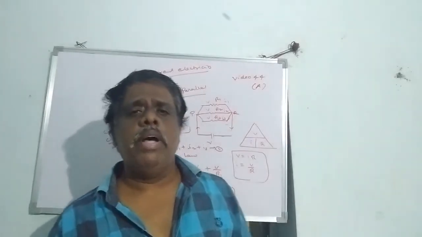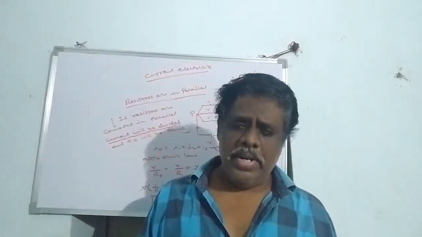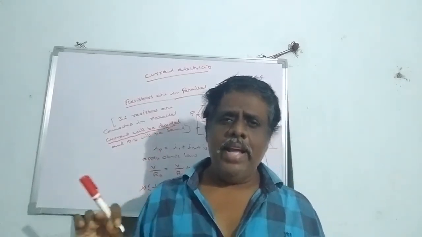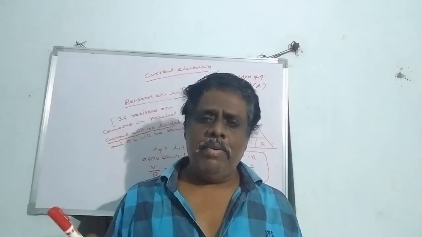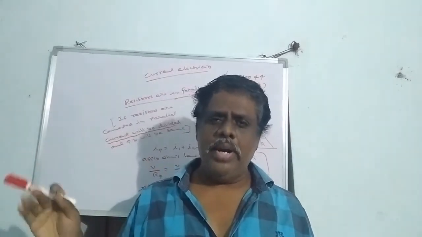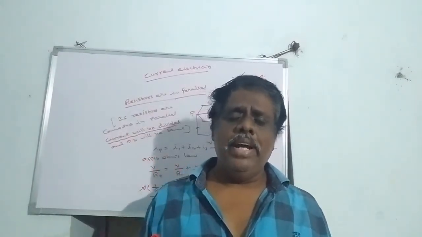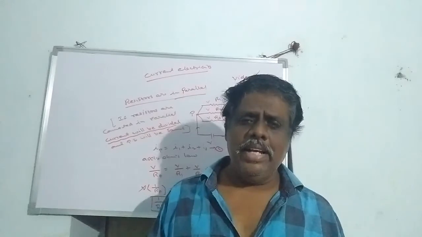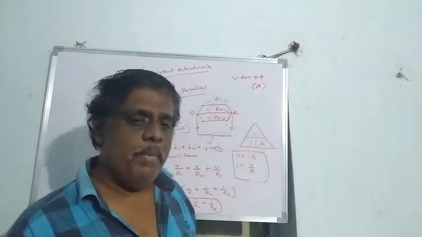So what is the important point in parallel combination? In parallel combination, current will be divided across each resistor. That means the total current will be equal to the sum of the currents across R1, R2 and R3. But the same potential will be across each resistor. This is the very important point in parallel combination.